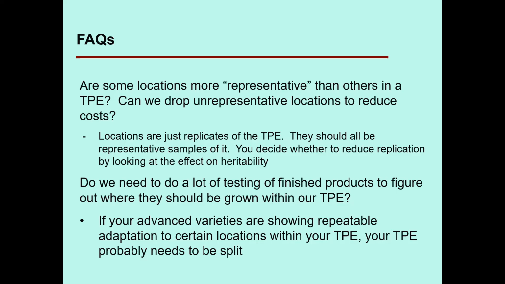You bred it for the TPE, it should be adapted to the TPE. It's simply to determine whether you were correct, whether the proposed product is really superior, over a range of seasons and fields, to what farmers are currently growing.